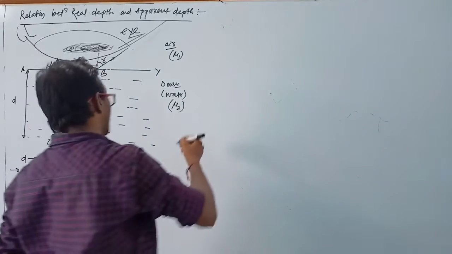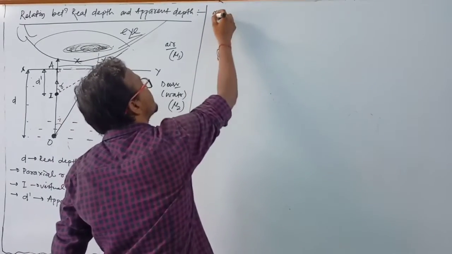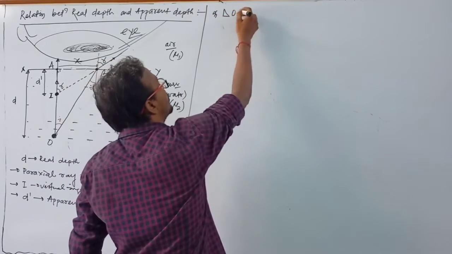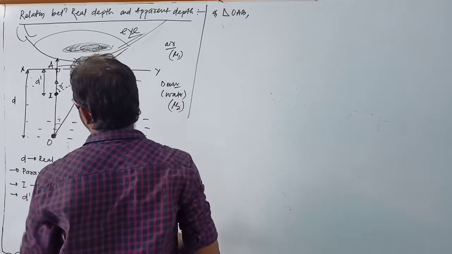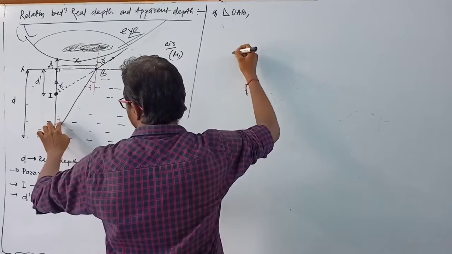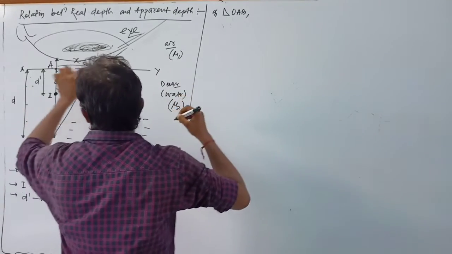In right angle triangle OAB, this I is the base angle. So AB is the perpendicular.